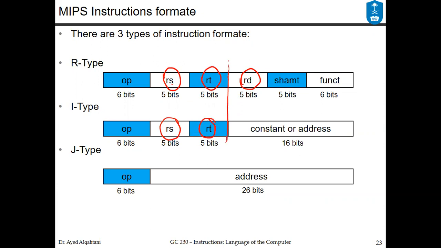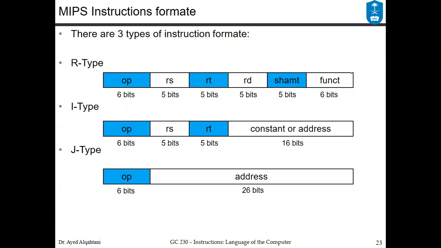Now we will check the content of the RS and RT and what exactly they mean for every instruction, also in the coming slides. Up to this point, we just need to mention those two fields.